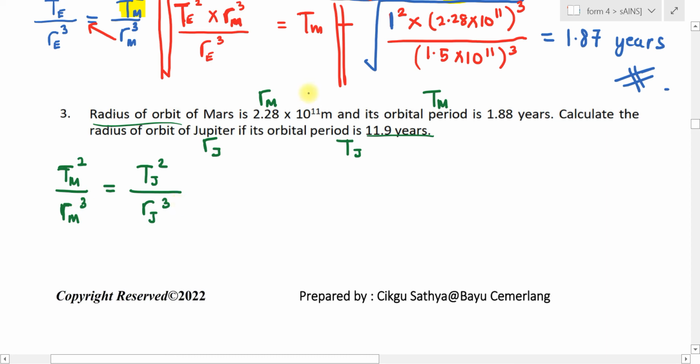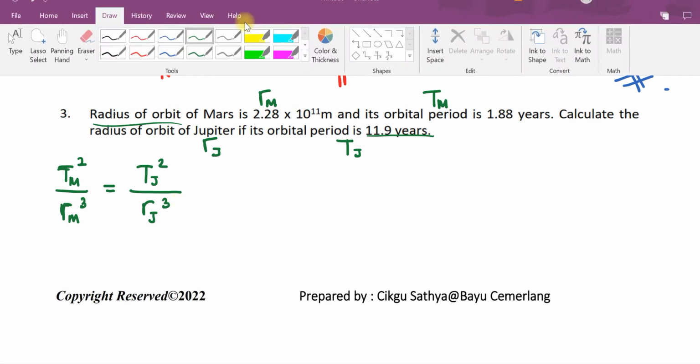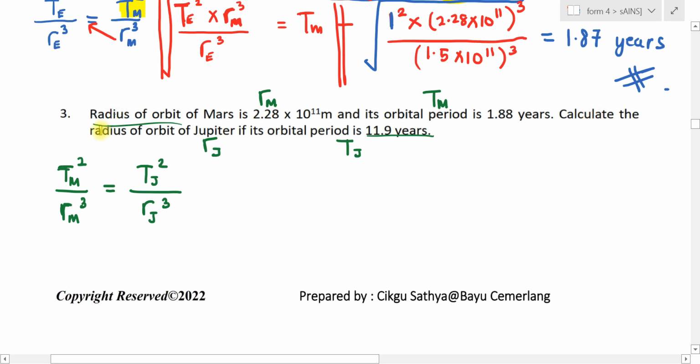Sekarang, apa yang kita nak cari? Kita nak cari calculate the radius of orbit of Jupiter. Maksudnya yang ni. Orbital radius of the Jupiter. Maksudnya kita kena switch place dekat sini.